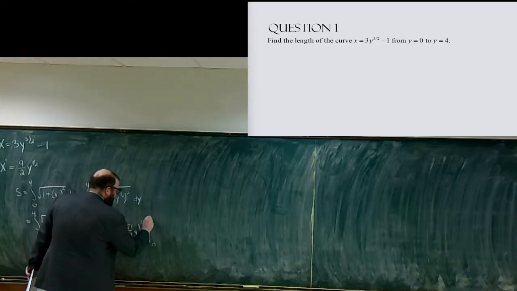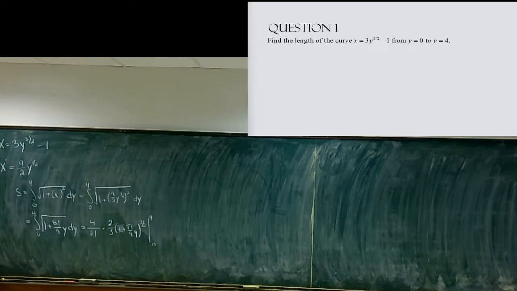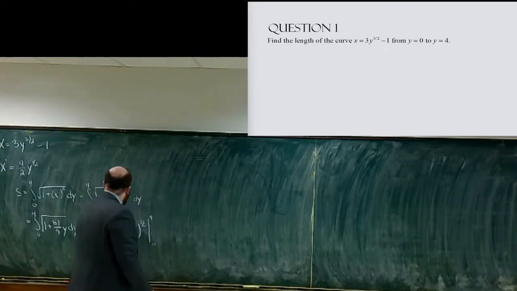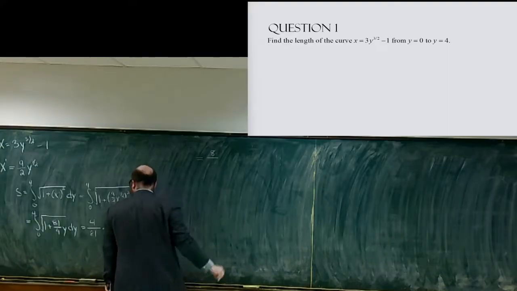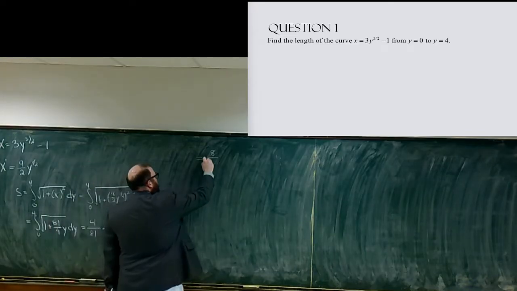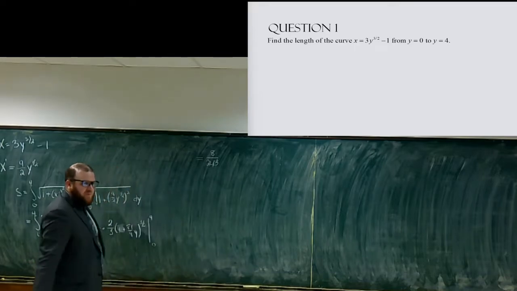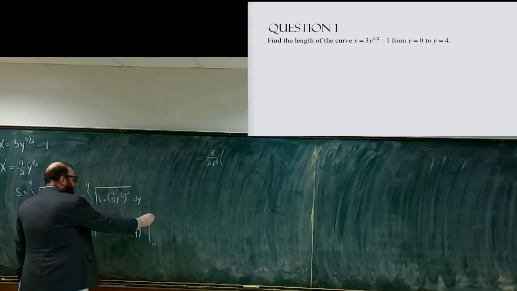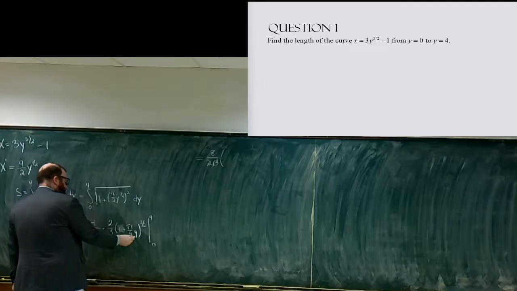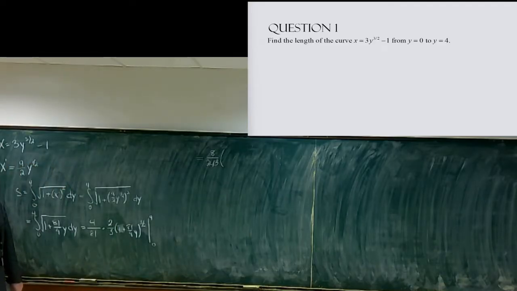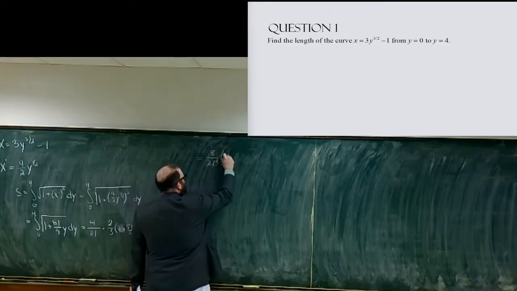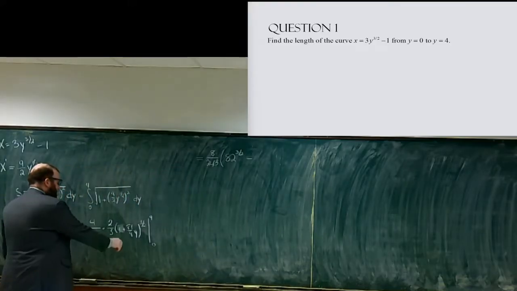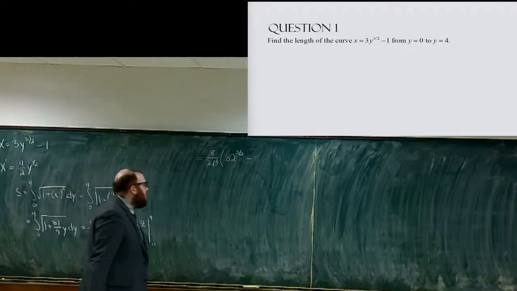Yeah, 2/3 u to the 3 halves, evaluated as y goes from 0 to 4. 81 times 3 is 243, so we get 8 over 243 times, when y is 4, 1 plus 81, 82, right? And then when y is 0, we just get 1.